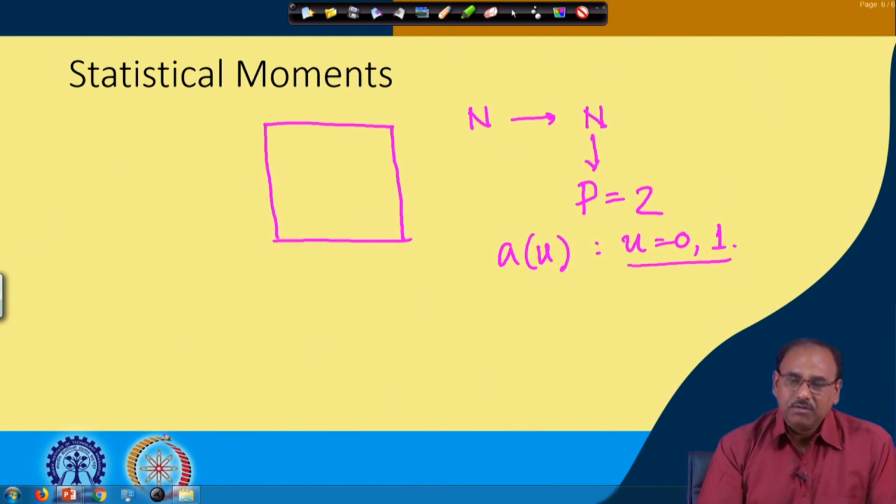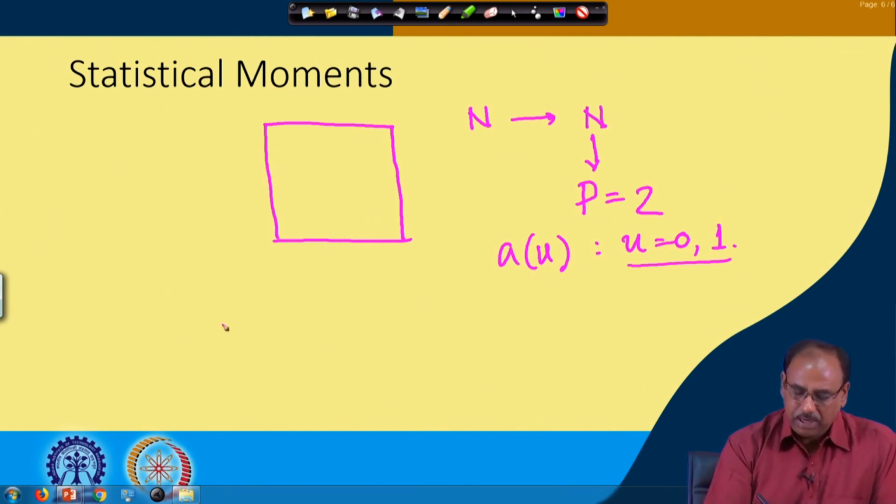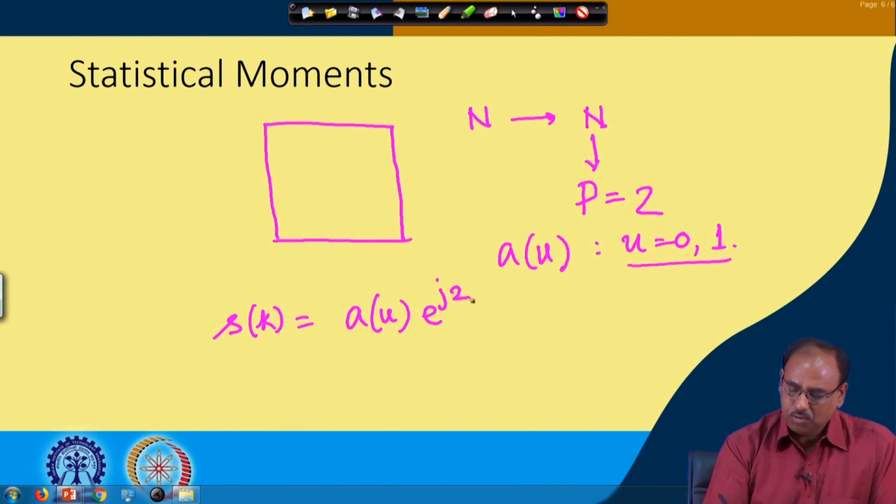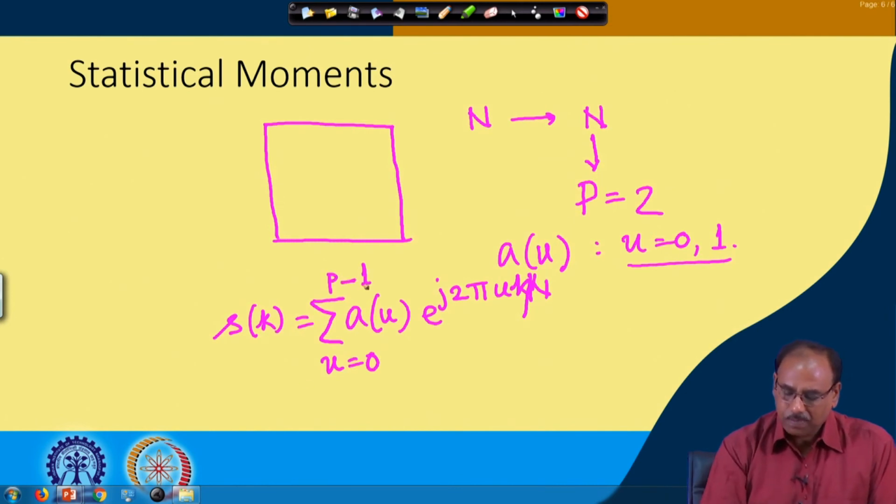For that, my inverse Fourier transformation expression will be s(k) is equal to the sum over u equal to 0 to capital P minus 1 of a(u) e to the power j 2 pi u k upon capital N, and k will vary from 0 to capital N minus 1.